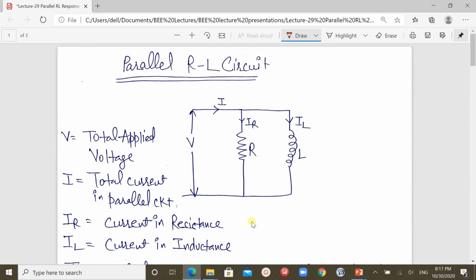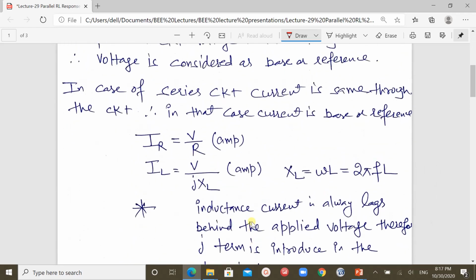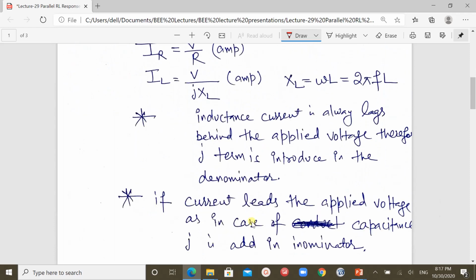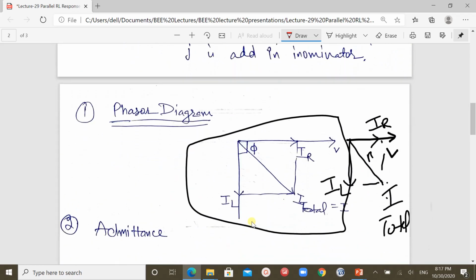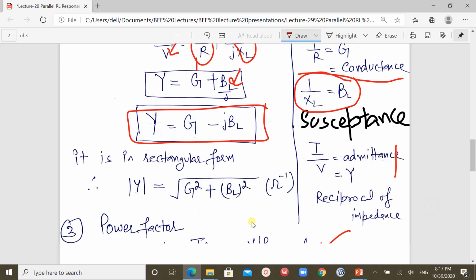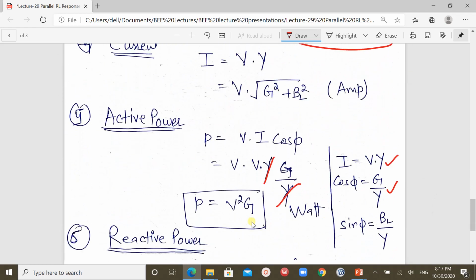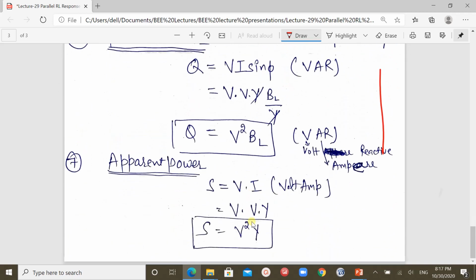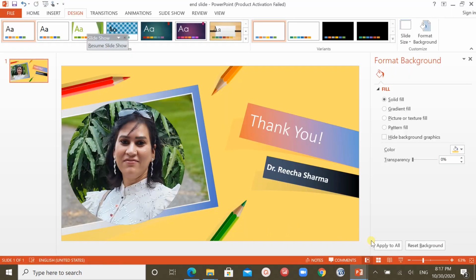One important thing, we consider the voltage as reference, then we put the j in the denominator, and the rest we find out: the values of admittance, then current, power factor, and different powers, active power, reactive power, and apparent power. So this is all about today's lecture.